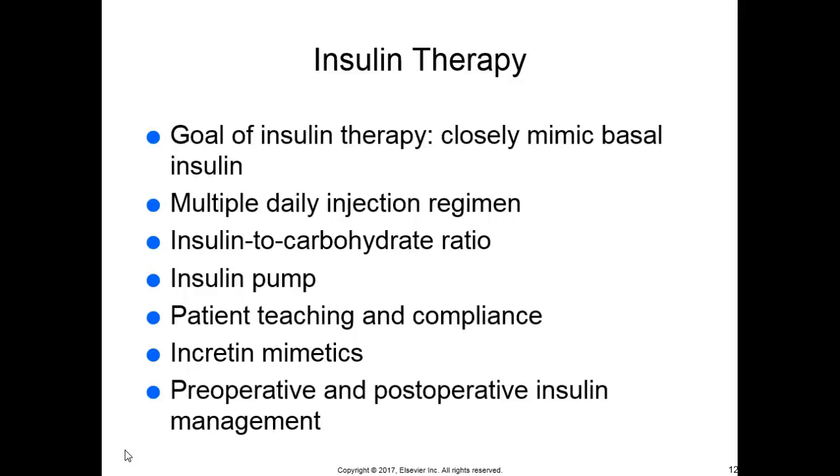There's also another category of medication called incretin mimetics, because they mimic the action of incretins, which are hormones that are released from the intestine. In type 2 diabetics, they tend to lower postprandial blood glucose levels, and that type of medication is discussed in your textbook on page 869, table 37-5, injectable hypoglycemic agents.